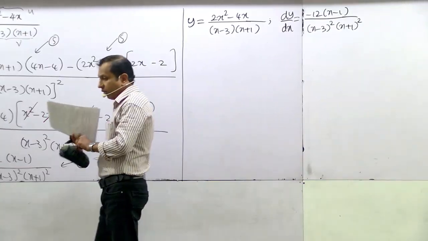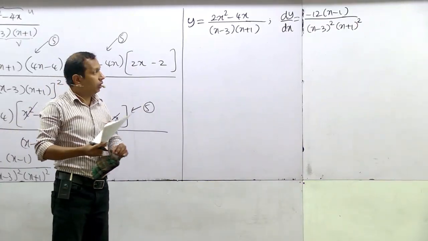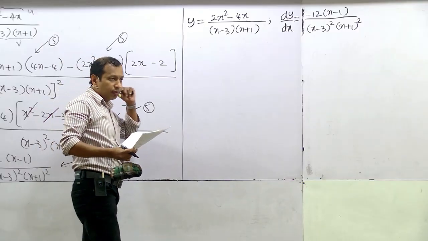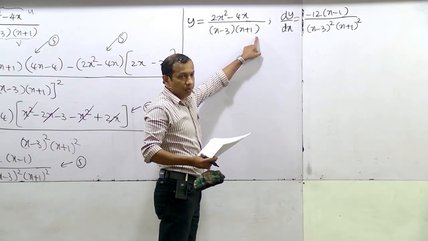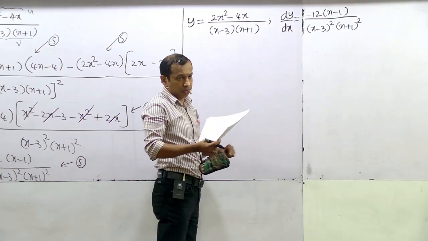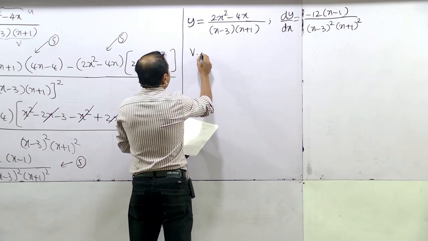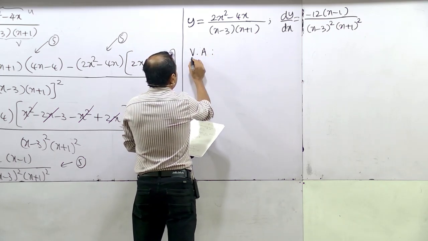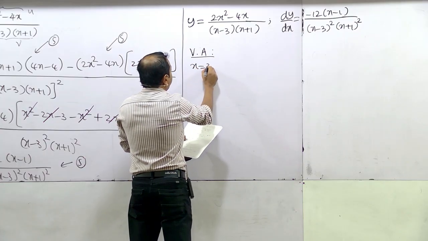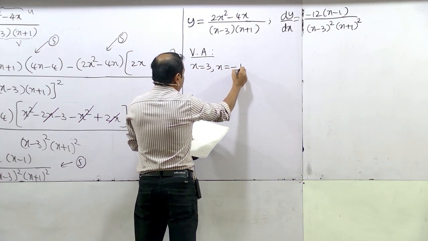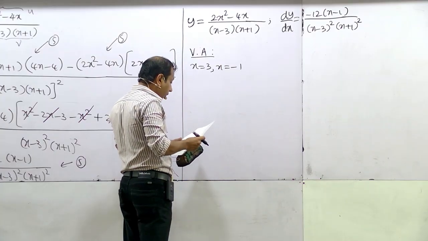Now first we have to find the vertical asymptotes. For vertical asymptotes, we set the denominator equal to 0, so vertical asymptotes at x = 3 and x = −1.